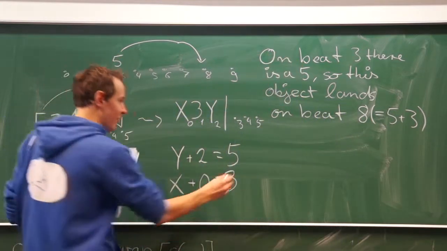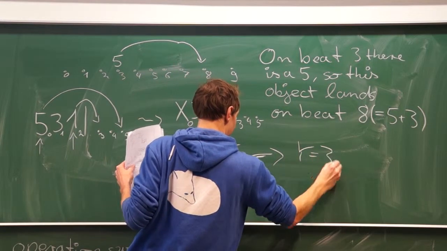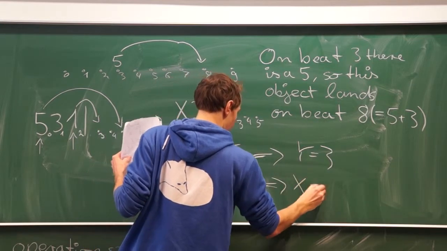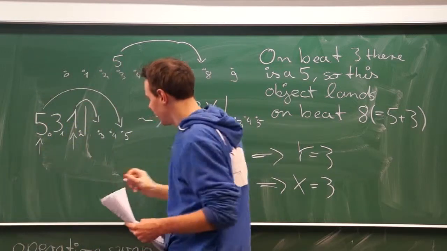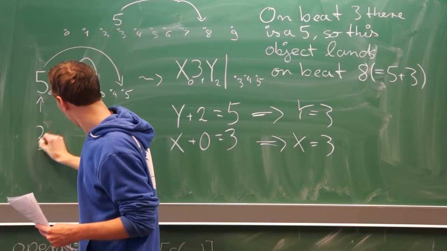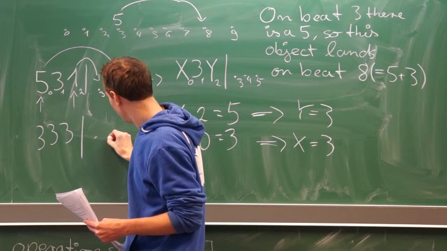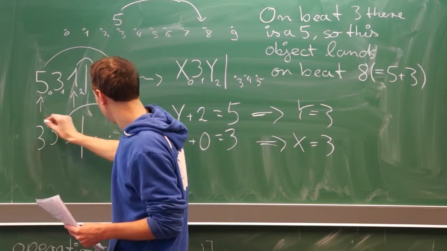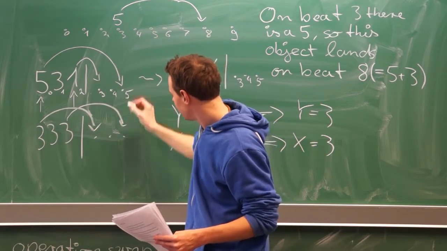So I just solve this equation. So here I got 3, and here I got also 3. And then went down here. We see that it's the solution we wanted, because the 3 is here going to this, and this 3 is going right here. So it's the same state.